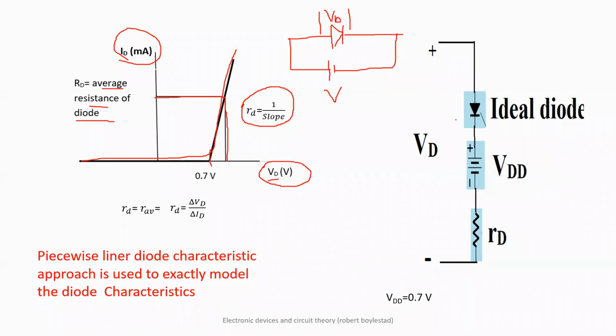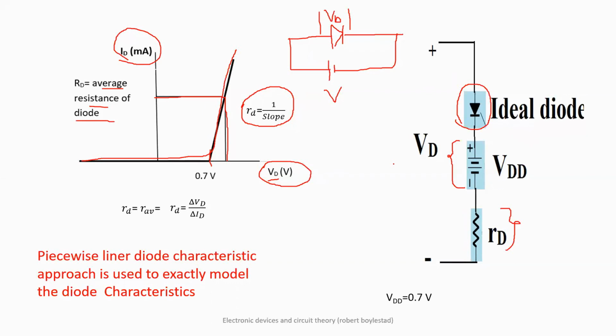So you can see this is your ideal diode, this is your power supply, and this is your resistance. This is how you can model a particular diode with the help of a piecewise linear approach.